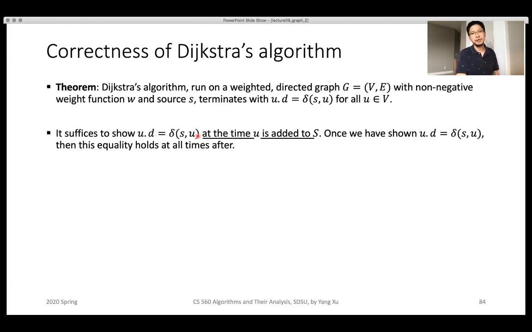It is the theoretical lower bound. Once we have shown that this is true, then this equality will hold at all times after.